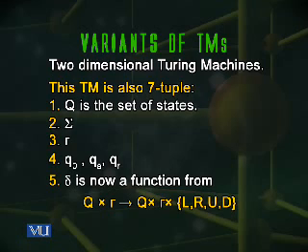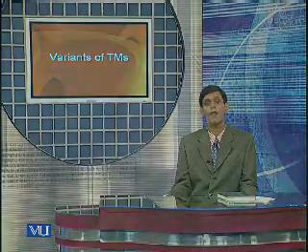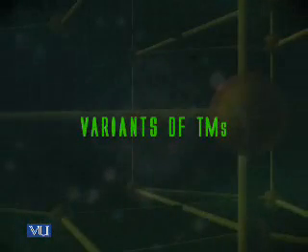However, in this case, the transition function is going to map from Q cross Gamma to Q cross Gamma cross {L, R, U, D}. L, R, U, and D represent the 4 natural directions that you can follow when you are working on a two-dimensional piece of paper. You can either move up, down, left, or right. We will show in the next lecture that all these models of computation are not more powerful than a one-dimensional Turing machine which works with a single tape.